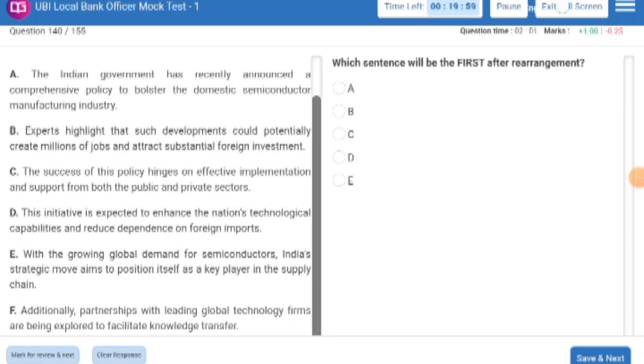I think AD is right, because this initiative reduces the dependence on foreign imports.